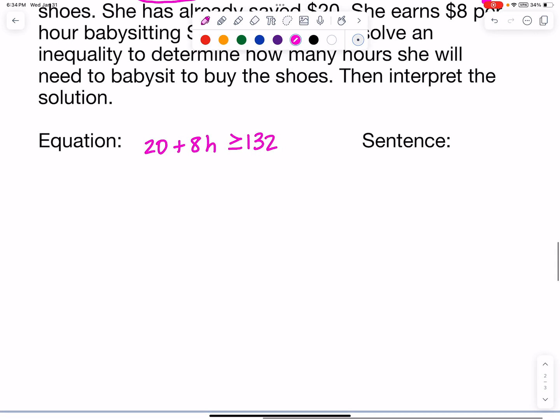So let's go ahead and solve this out and find out how many hours so that we have greater than or equal to $132. So we're going to do opposite order of operations, subtract 20 from both sides, and we have our 8h is greater than or equal to 132 minus 20, which is 112.